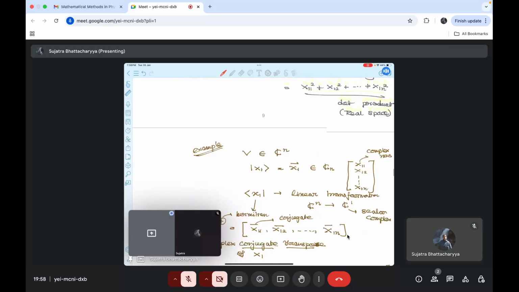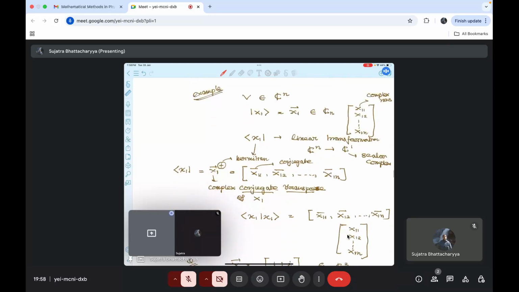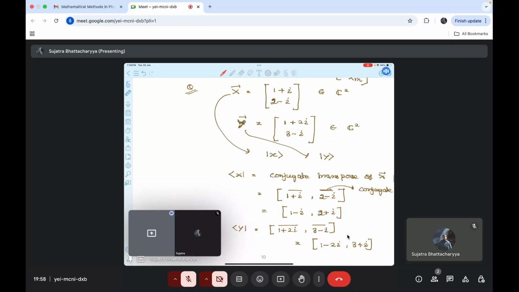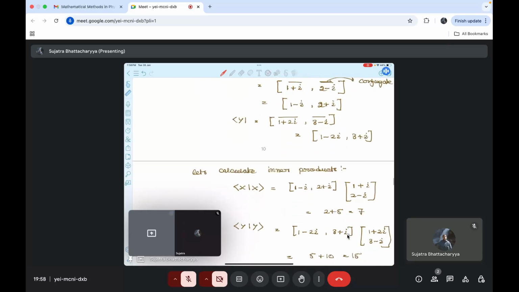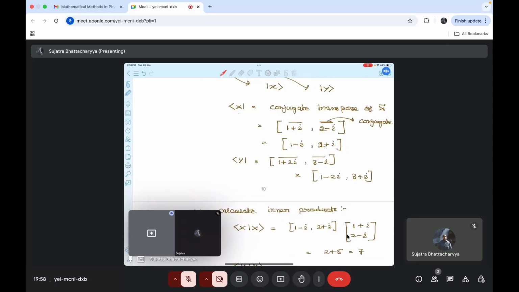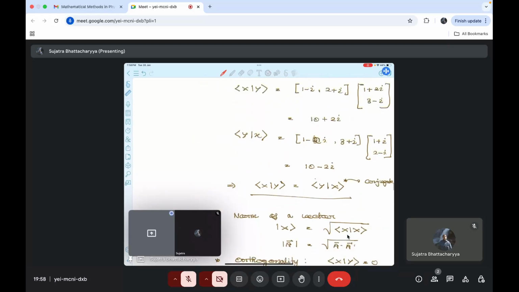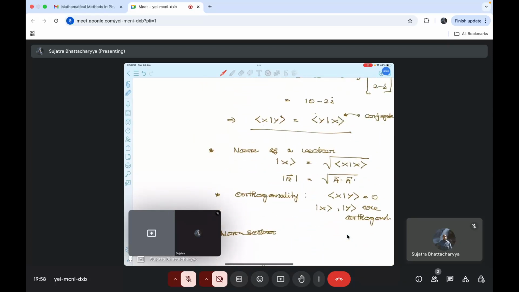We have taken an example with a complex field as well as a real field. And we have taken a mathematical question for the complex field and tried to show what the ket x means, what the bra x means, and then calculated the inner product. We found that the inner product of x and y, when it comes from the complex field, is nothing but the inner product of y and x with a conjugate.